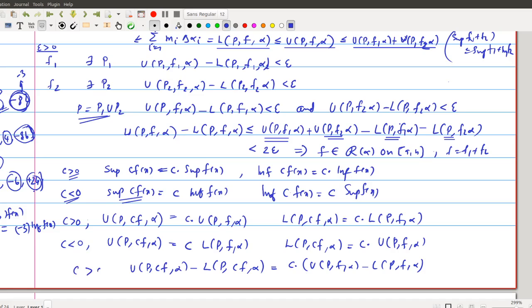If c is greater than 0 and f is integrable, this quantity can be made less than epsilon. So this will be c times epsilon.